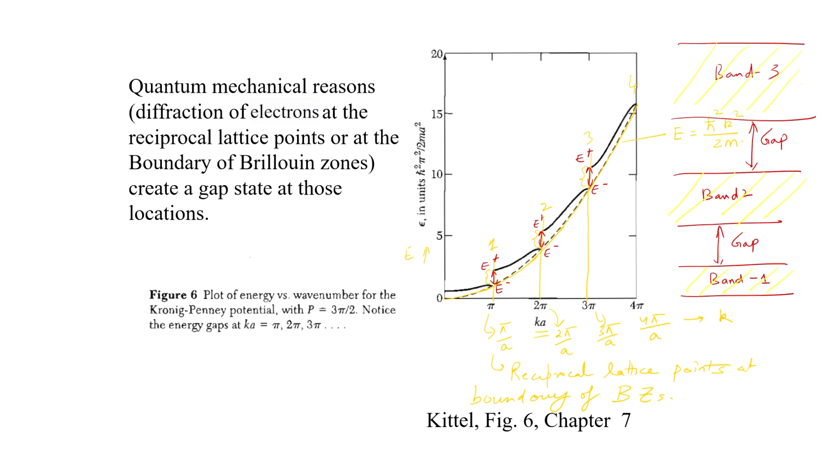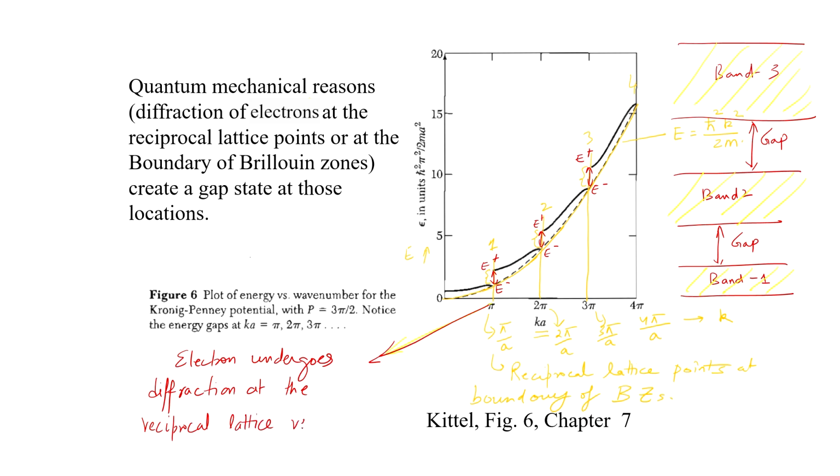So, this is for quantum mechanical reasons, because the electron undergoes a phenomenon called diffraction. So, the electron undergoes diffraction at these reciprocal lattice vectors.